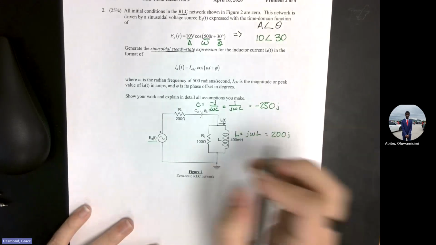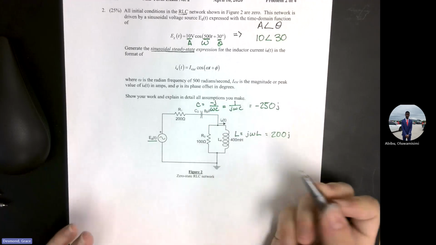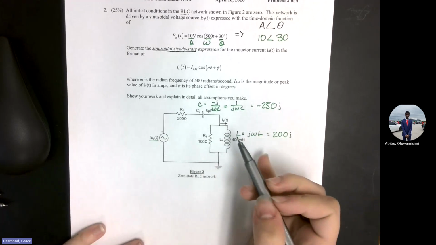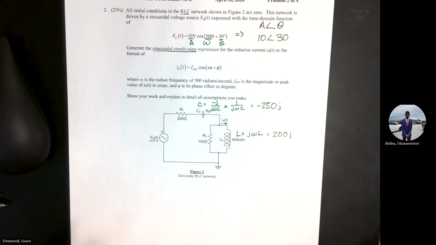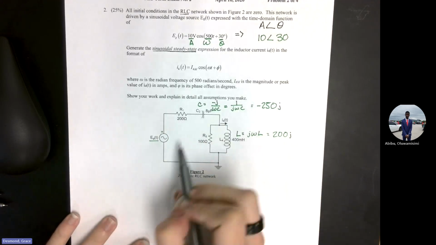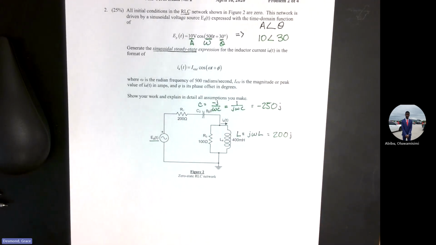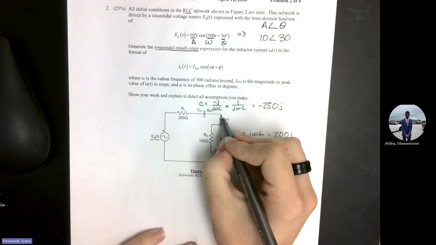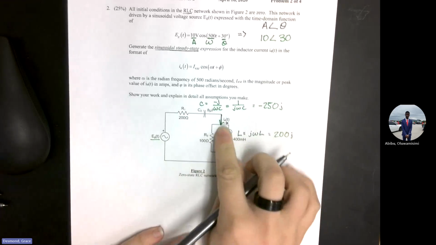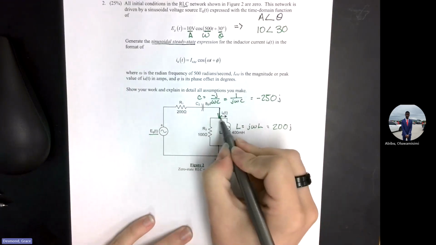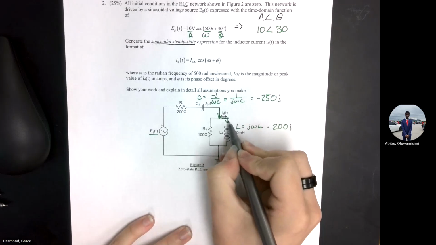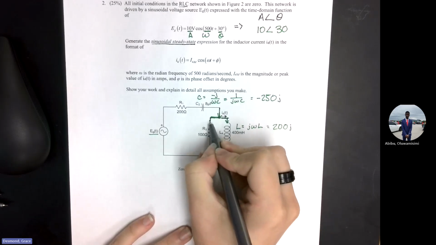So I would recommend making this into one loop and then finding the current. And then is that current for this whole loop going to be the current that flows through this inductor? So this main current is going to flow down here. You can see that. But then the inductor current is going to go this way, but then some of that current is going to come this way too.